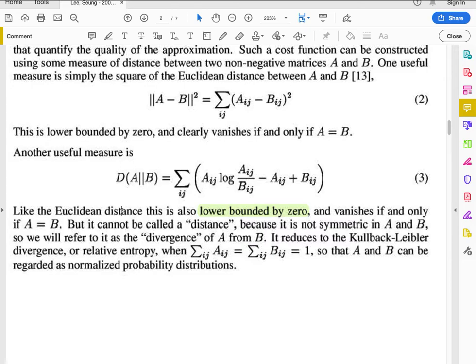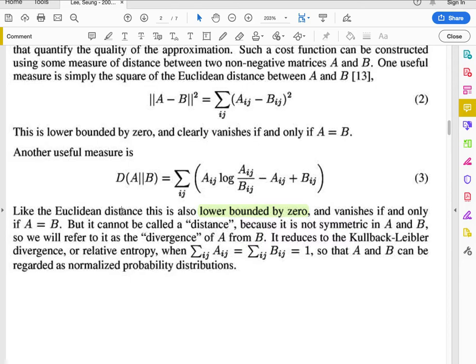But it cannot be called a distance because it is not symmetric in A and B. How do you make it symmetric? What is the meaning of symmetric? Yes, D of AB should be equal to D of BA. Then it is symmetric. It is not symmetric.